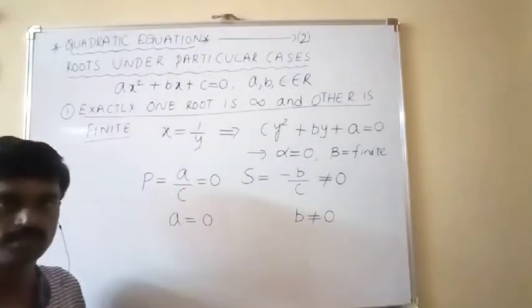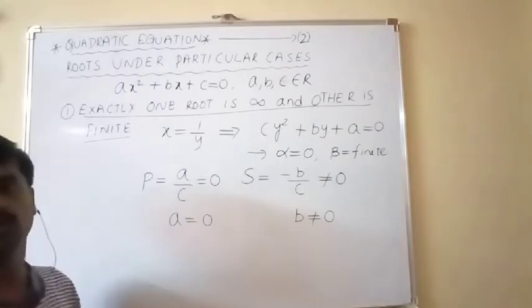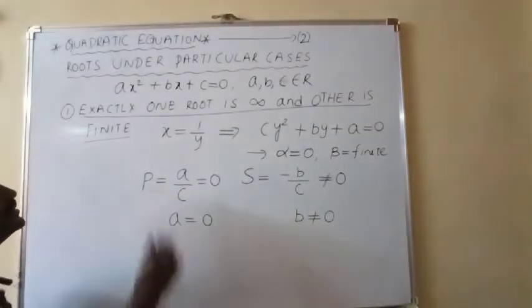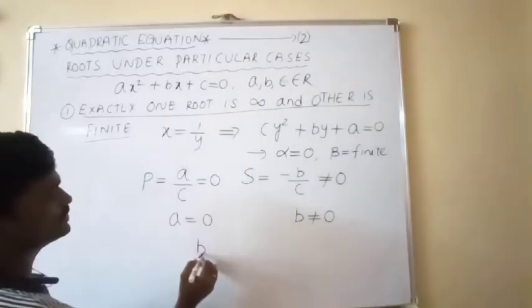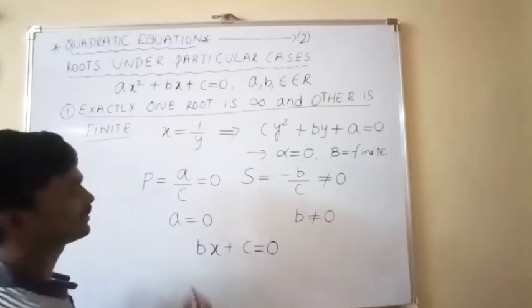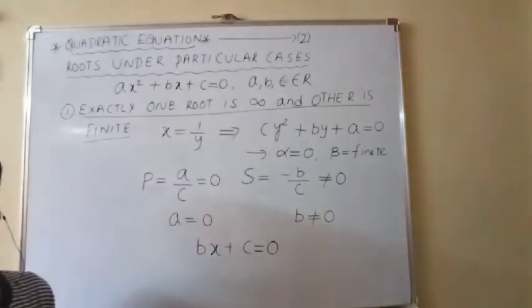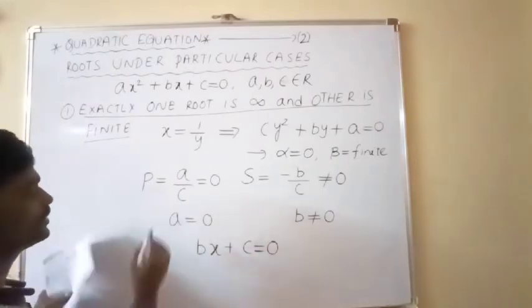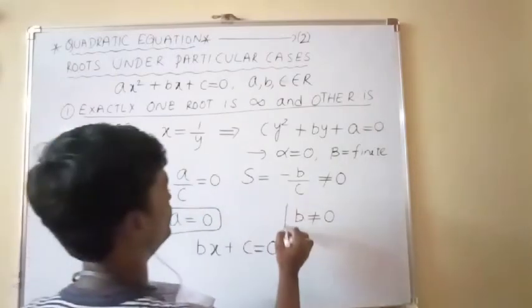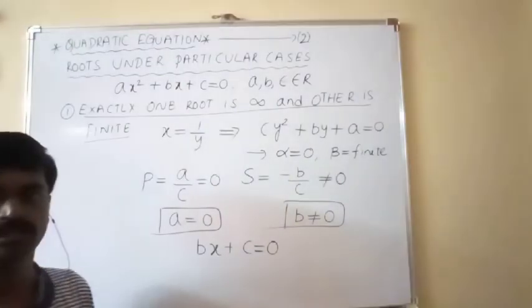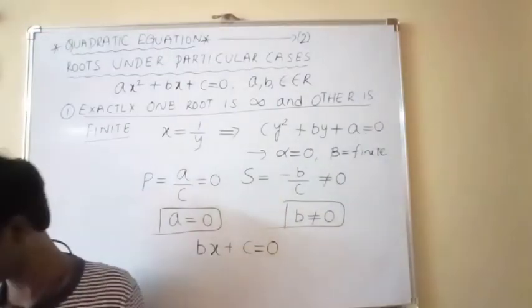In this case the quadratic equation reduces to bx plus c is equal to 0. So these are the conditions: a is 0, b is not equal to 0, for one root infinity and the other root finite.